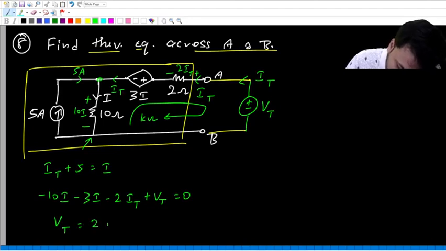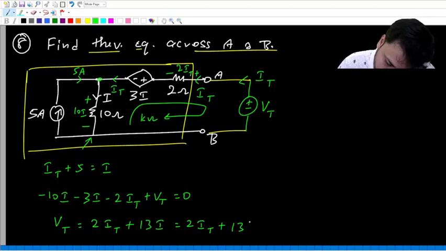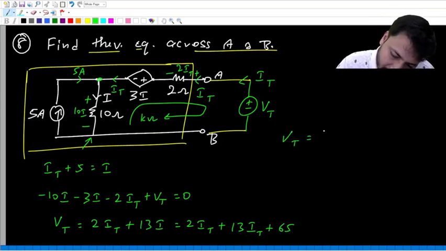So VT equal to 2IT plus 13I. But then I is IT plus 5. So 2IT plus 13IT plus 13 times 5, which is 65. So 2IT plus 13IT is 15IT.